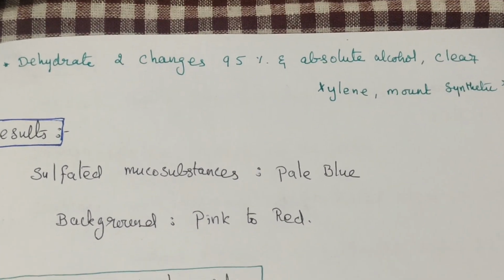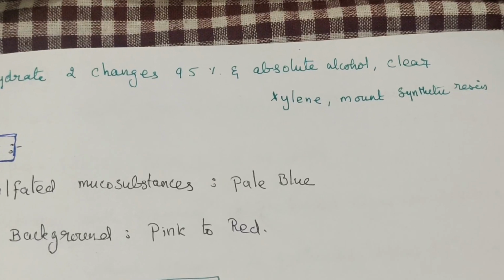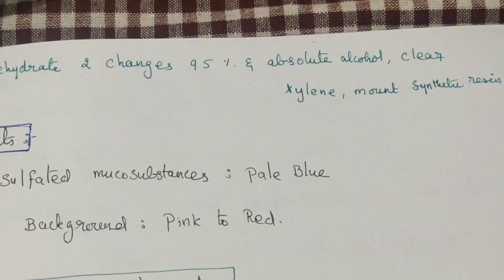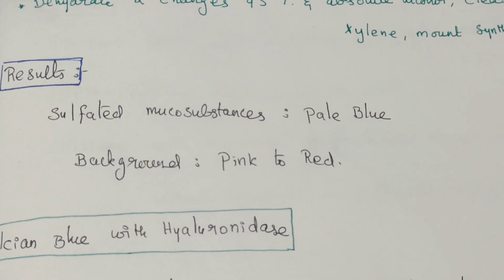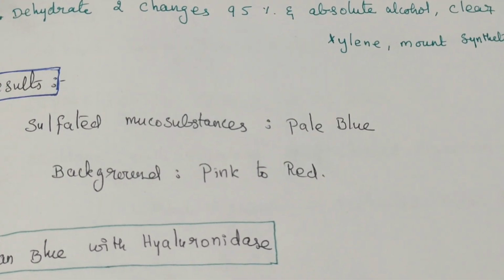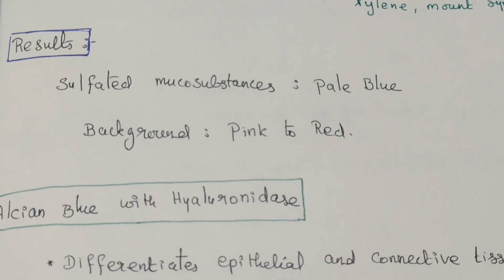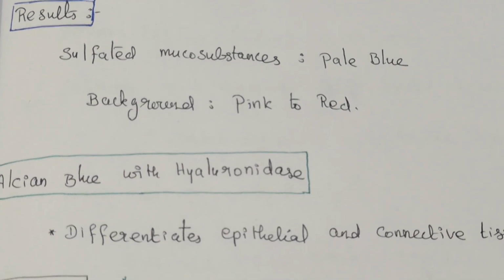Then dehydrate in 2 changes of 95% and absolute alcohol, clear in xylene, then mount in synthetic resin. Result: sulfated mucosubstances pale blue, background pink to red. Then Alcian blue with hyaluronidase.